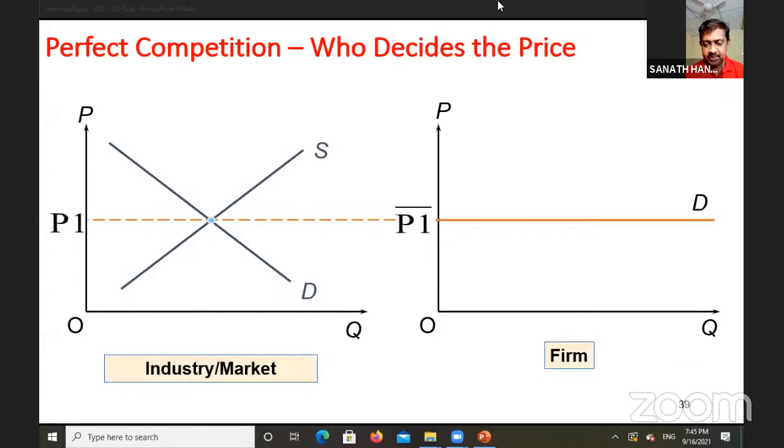Homogeneous products, supply only a small portion, the market won't come. They come, right? What is perfect knowledge?